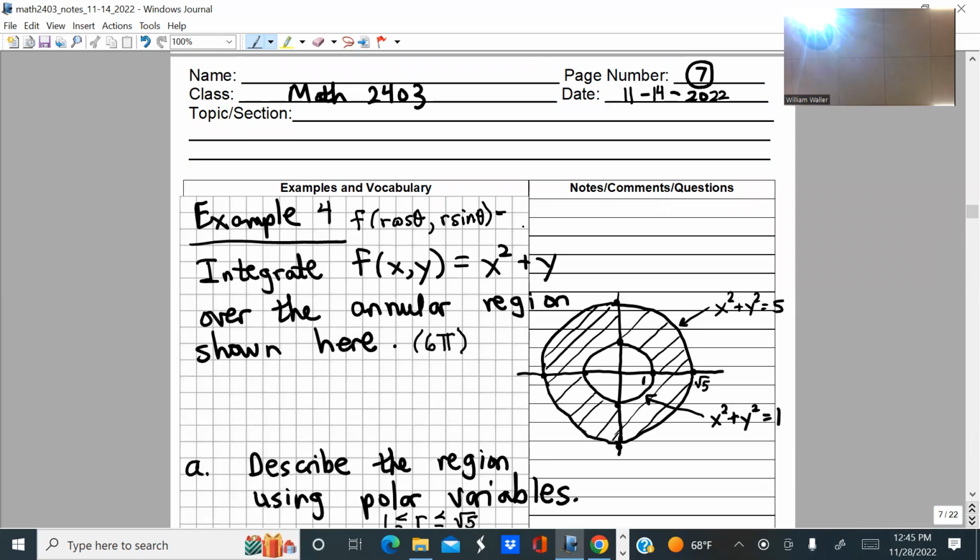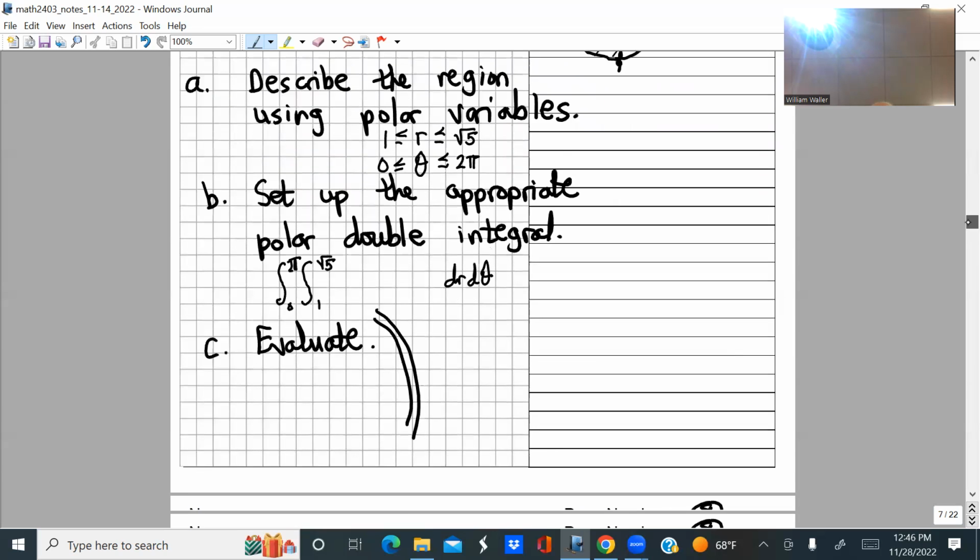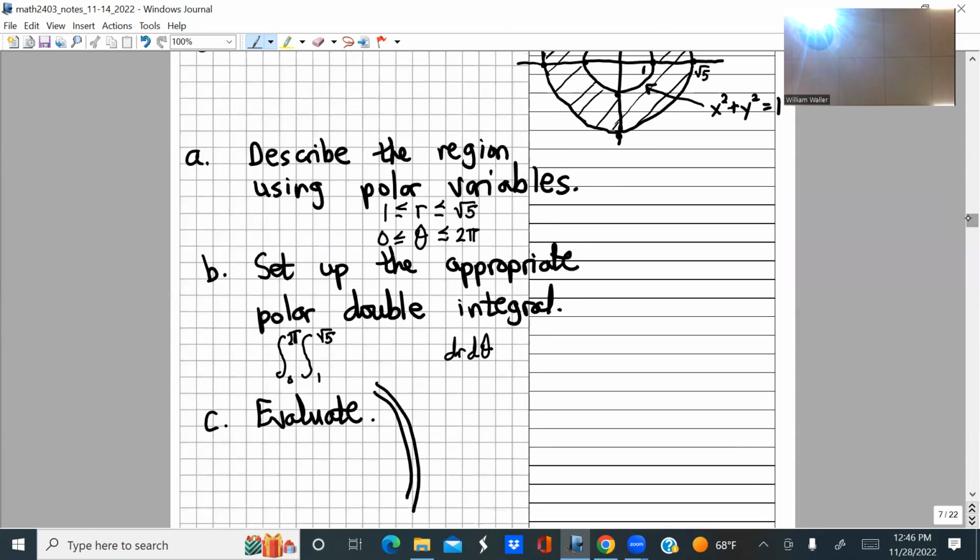So let's see, what would we get there? r cosine theta squared, right? That's x squared, plus then just r sine theta. So that's really r squared cosine squared theta plus r sine theta.